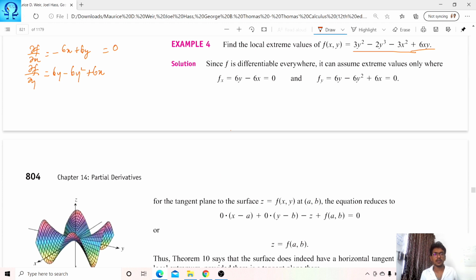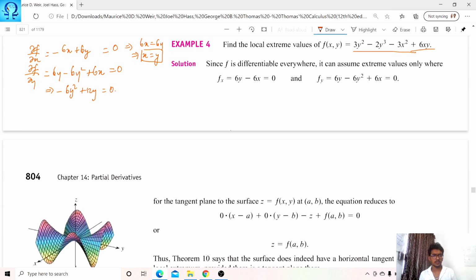Okay, if you equate this to 0, this gives you 6x is 6y. Therefore, your x and y are the same. If you substitute x and y are the same in this, what would you get? You would get minus 6y squared plus 12y equals 0.